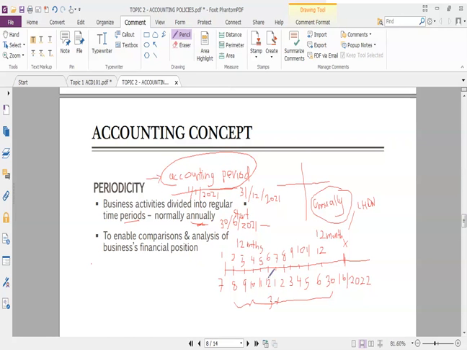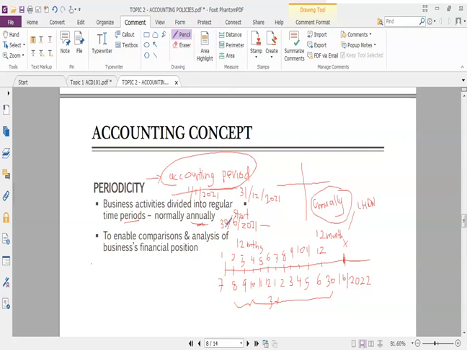Normally 12 months. If you are starting your business on 1st July, for example, you are counting 12 months, until the year end on 30th June 2022.